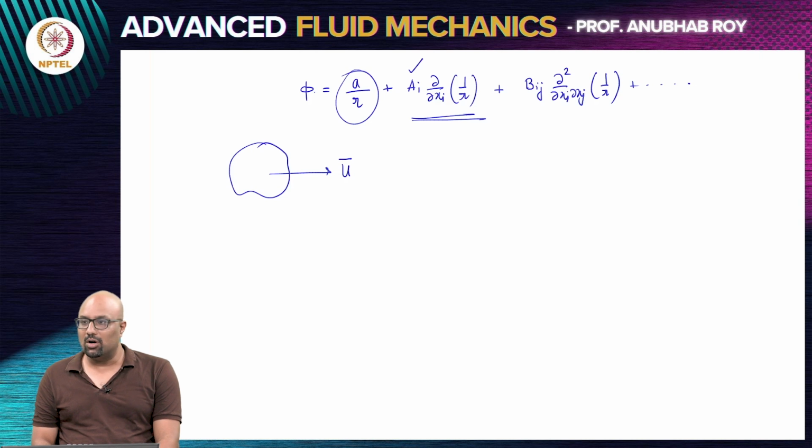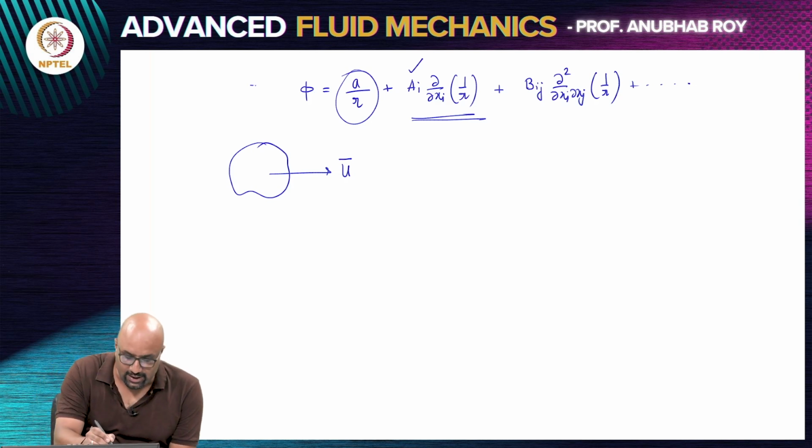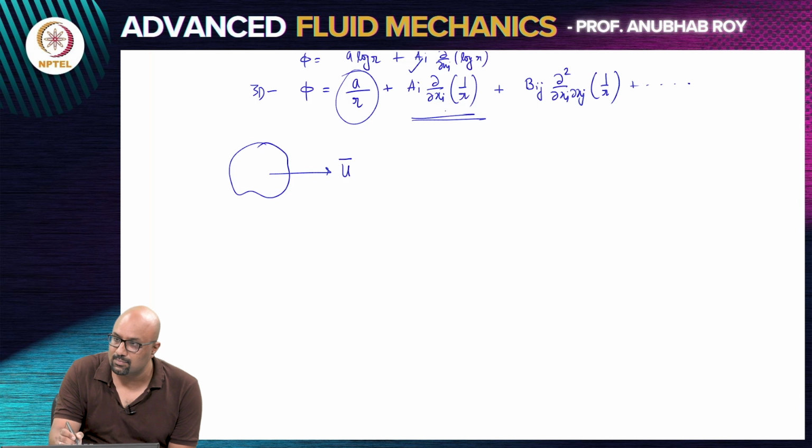If you go back to what this was in 2D, so this is in 3D, right? In 2D, it would be a log r, then a vector constant dou xi of log r, then it would be bij dou xi dou xj of log r.